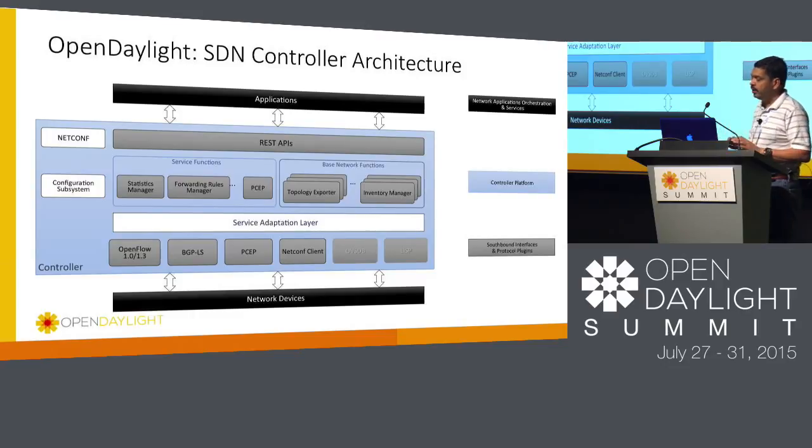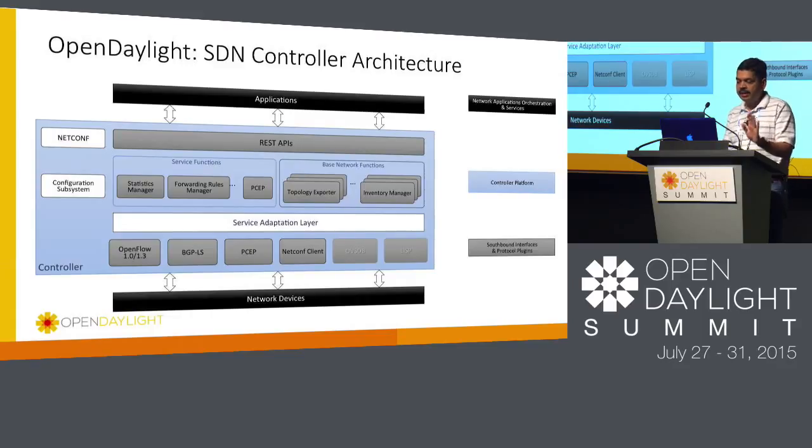And then you have the network services, which could be the base ones like the topology and inventory, or it could be something that you got from someone else, like an additional functionality, like say service function chaining or group policy, etc. And this is where something that you build as an application would go as well. And then the REST APIs are automatically generated for you.